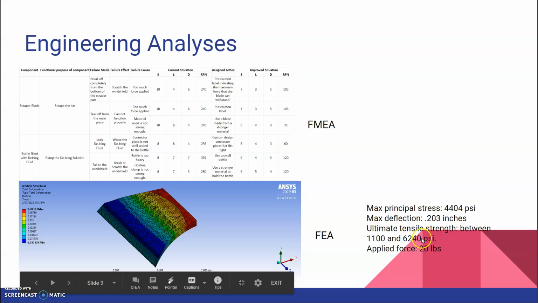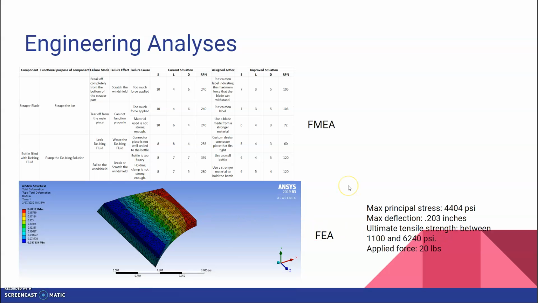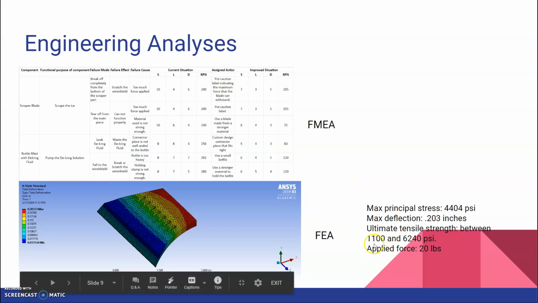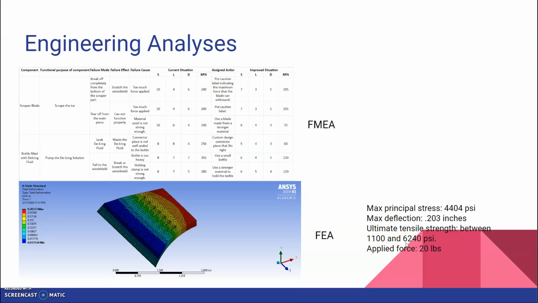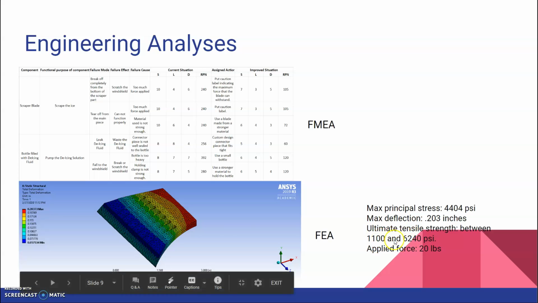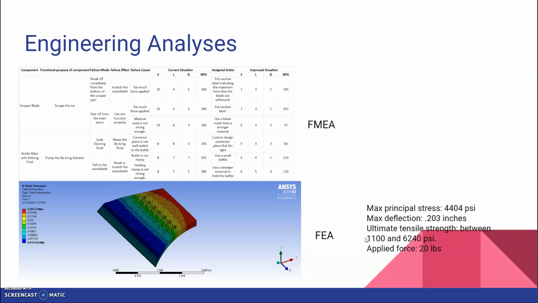It turns out that the ultimate tensile strength of HDPE, which is the material we were using to test, is somewhere between 1100 and 6200 psi. So the maximum principal stress may or may not be above the ultimate tensile strength, which would cause it to break depending on the specific HDPE that we decided to use.